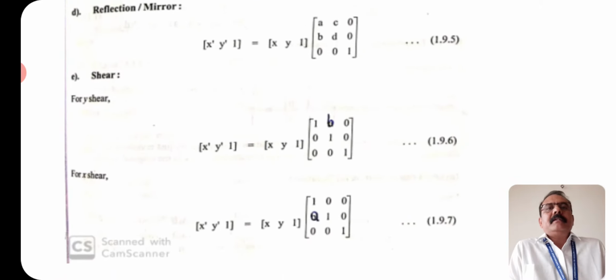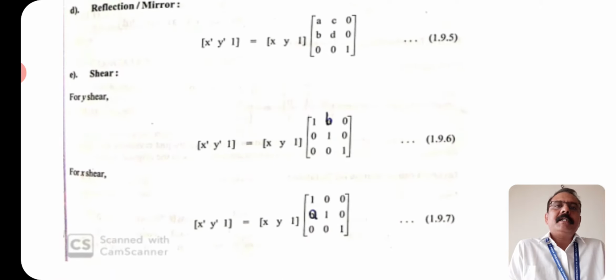And the last one is shear. For y shear, the matrix is x dash y dash 1 equal to the original matrix x comma y comma 1 times 1 b 0, 0 1 0, 0 0 1, where b is the y shear factor. Similarly for x shear, x dash y dash 1 is equal to x y 1 times 1 0 0, a 1 0, 0 0 1, where a is the x shear factor.